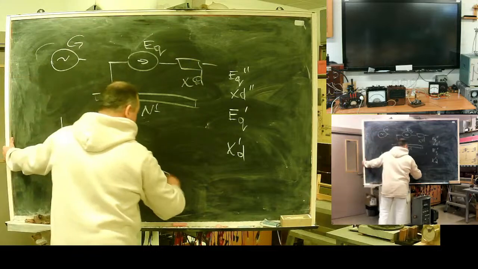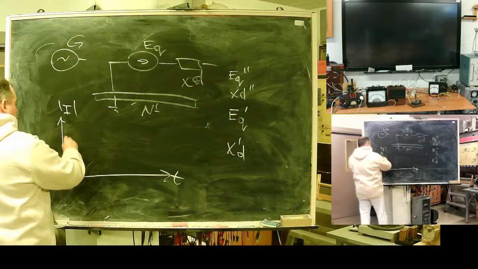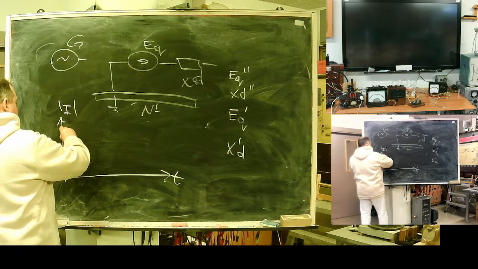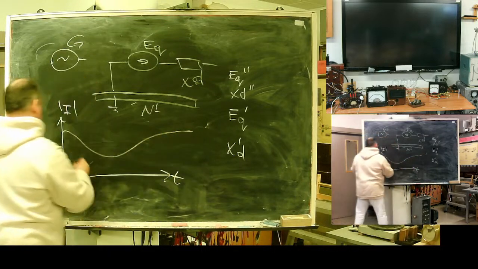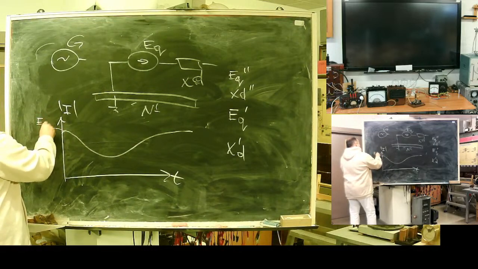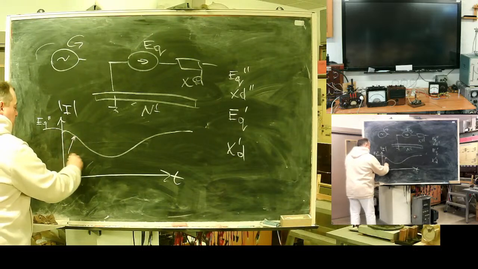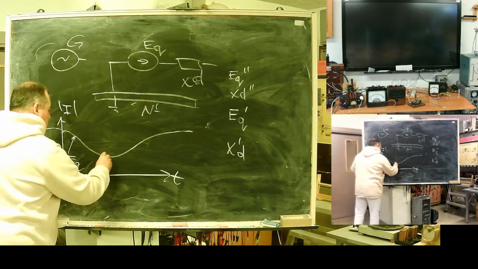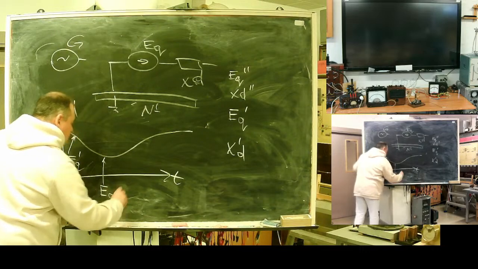Actually, in time, fault current looks like this. First stage, super transient, then transient, then steady state.